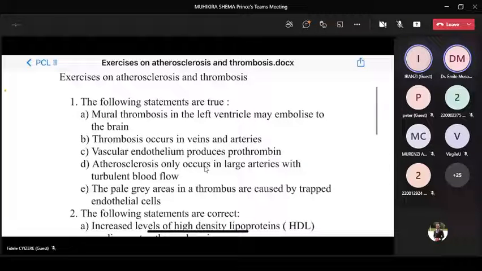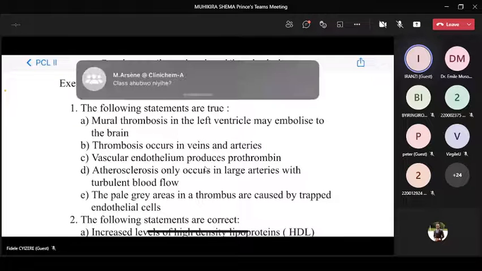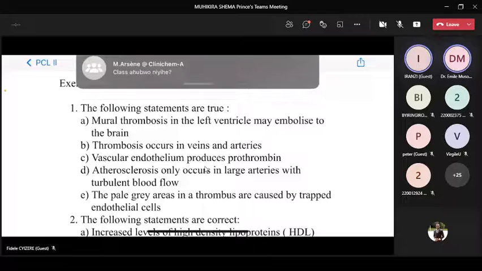The following statements are true, it means that it is not only one. Let us start with A. Is it true or false? It's not true. Why?